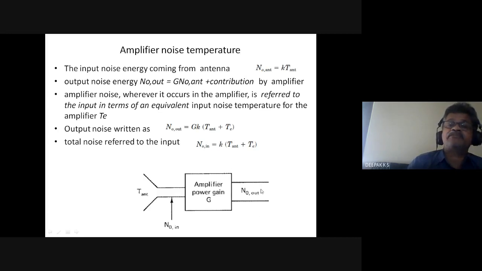However, there would be some contribution of noise from this amplifier. So the contribution by the amplifier plus gain times this N naught antenna, which is the noise energy coming from the antenna, would be this N naught out.